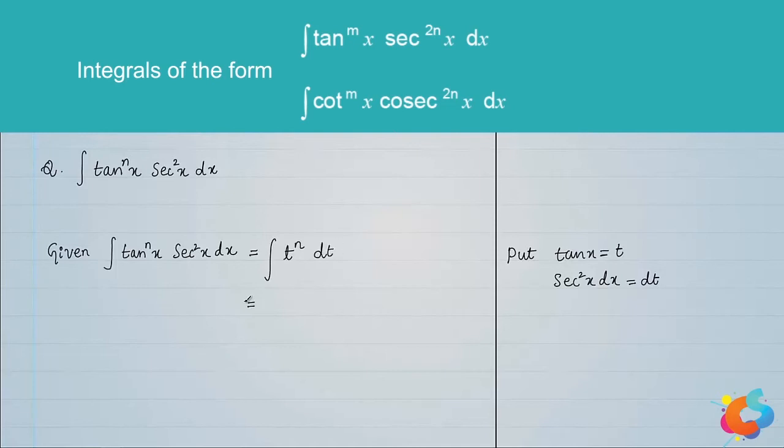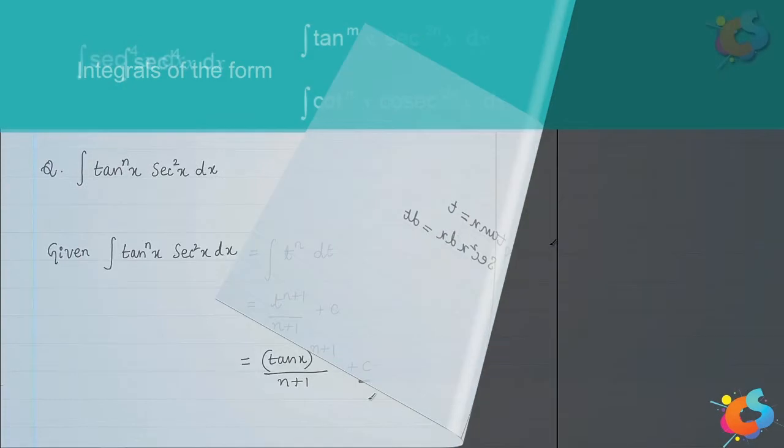So the given problem becomes integral of t power n dt, as tan x is t. So now integration of t power n is t power n plus 1 by n plus 1 followed by the constant c. We know that here t is tan x, so we'll replace t by tan x. We'll get tan x whole to the power of n plus 1 by n plus 1 followed by the constant c. So this is the required solution for the given problem.